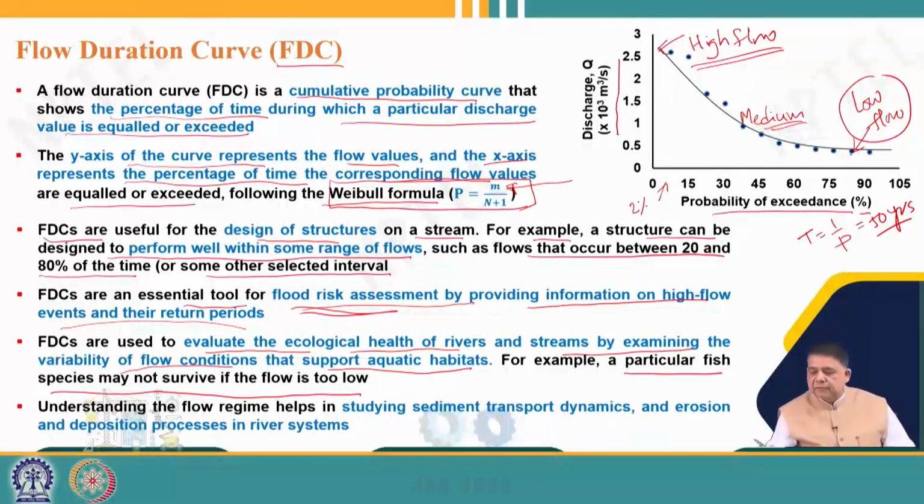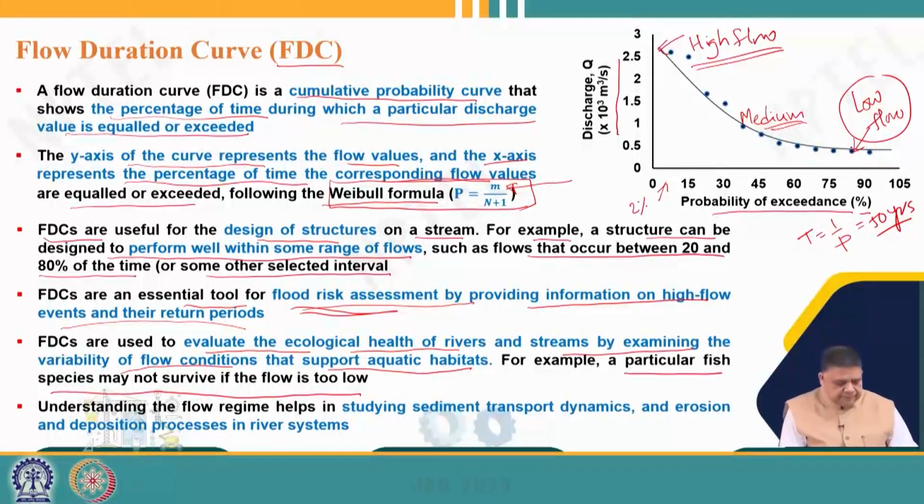So, obviously, we have to find out the low flow magnitude, so that we can put only a typical type of fish, or if a particular fish survives in a particular stream, then we should ensure that a certain minimum flow is always available there. So, that is how this flow duration curve also helps us in deciding the environmental flow that is required at a particular place.